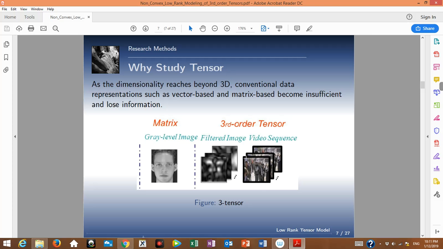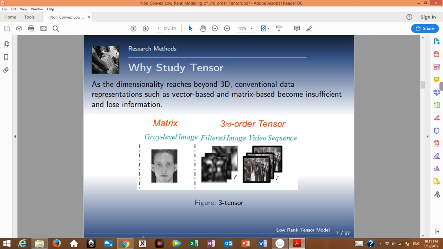So if the dataset has a dimension bigger than 3, it is not sufficient to use the matrix representation. So we need to introduce a third-order tensor.